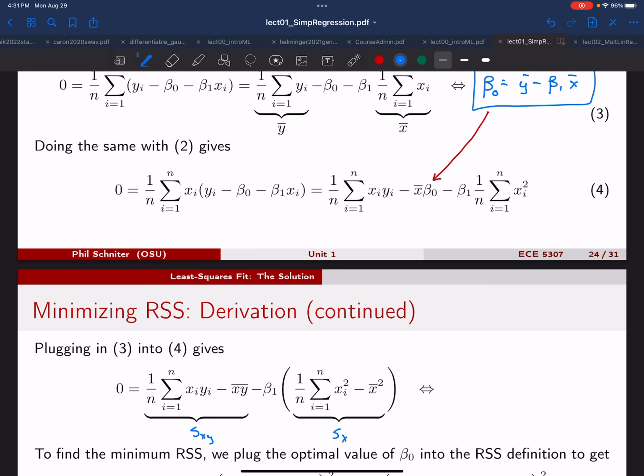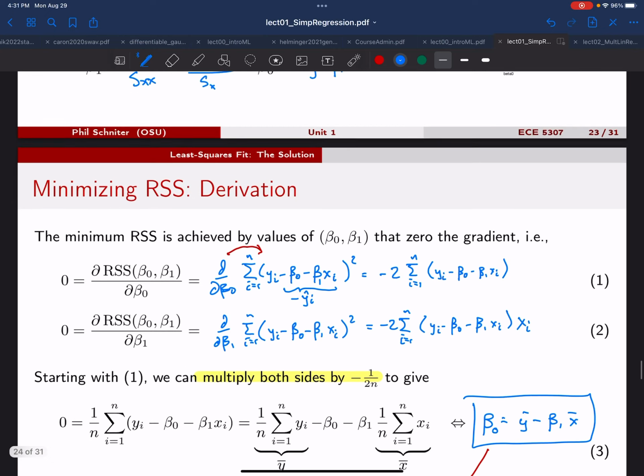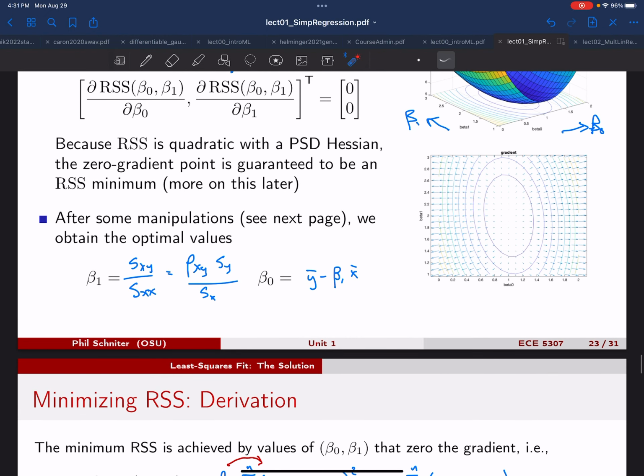We can write it as sxx or sx squared, either one. And now that we have it written this way, you can see exactly what beta 1 is, right? If 0 equals this minus beta 1 times that, we can just invert this to get beta 1. We find that beta 1 is sxy over sxx. Okay, and that's the second of the two equations that we saw up here.